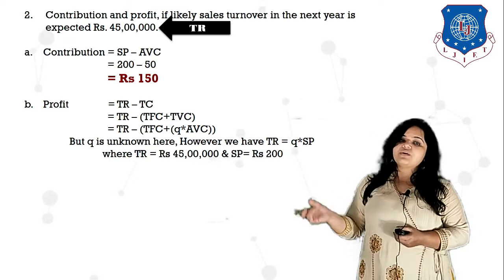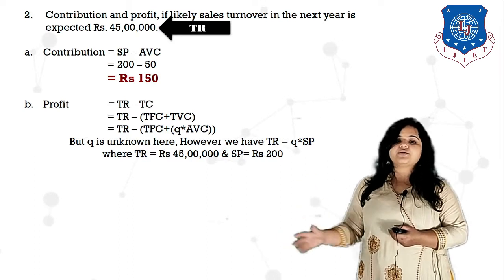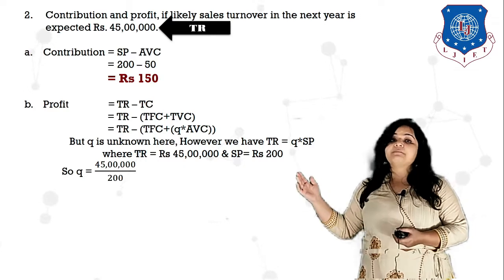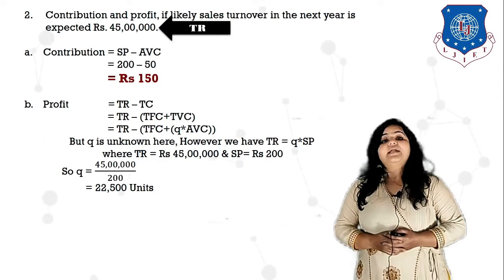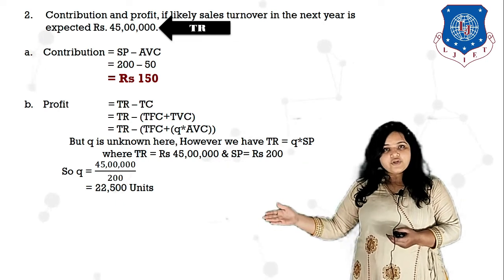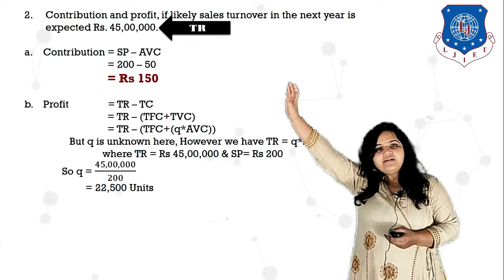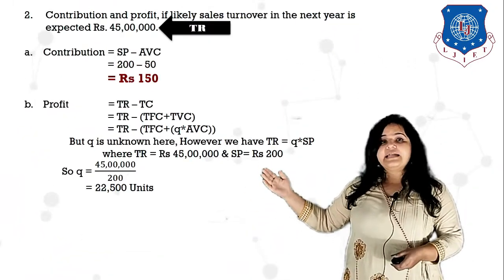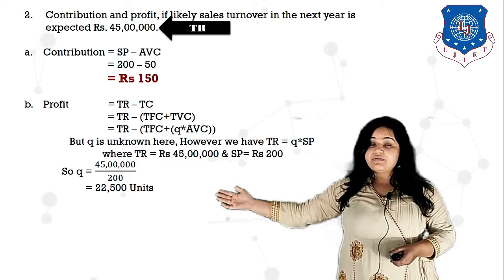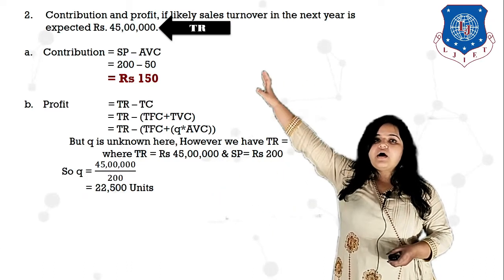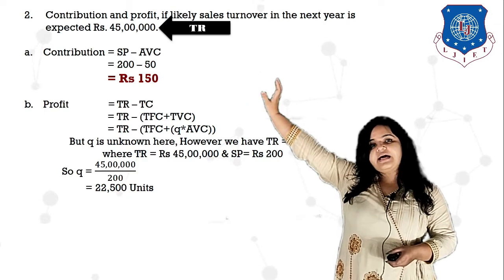If TR is equal to 45 lakhs and SP is equal to rupees 200, we have Q is equal to 45 lakhs divided by 200, which is equal to 22,500 units. This is your Q when revenue generated is 45 lakh rupees. So we can say that 22,500 units were produced and sold to achieve a revenue of 45 lakh rupees.